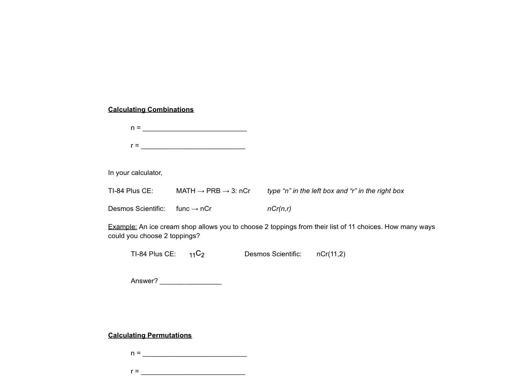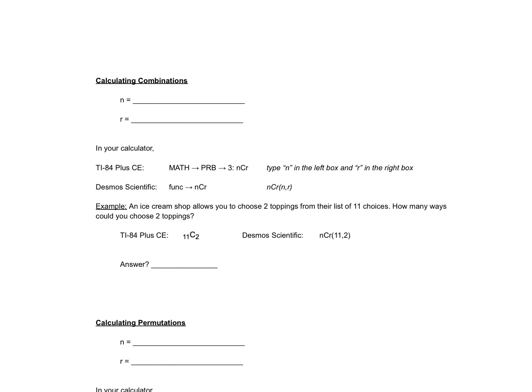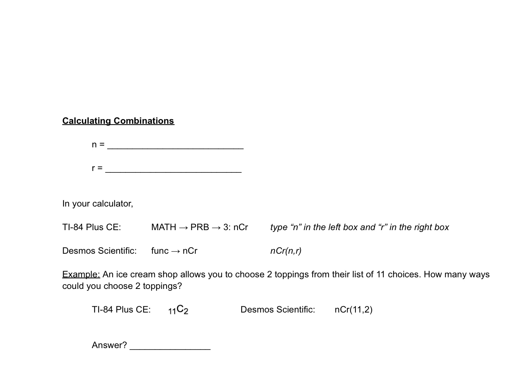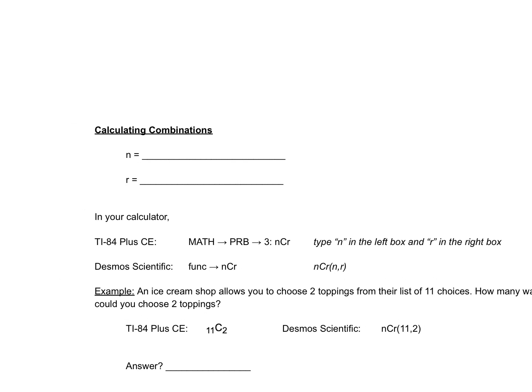So the good news is with permutations and combinations, we are just going to use our yellow scientific calculator in order to calculate these. When you're calculating combinations, again, the order does not matter, but you're always going to be given how many total objects you have and how many you're choosing. So N, when we're doing combinations and permutations, is the total number of objects, and R is the number you are choosing.